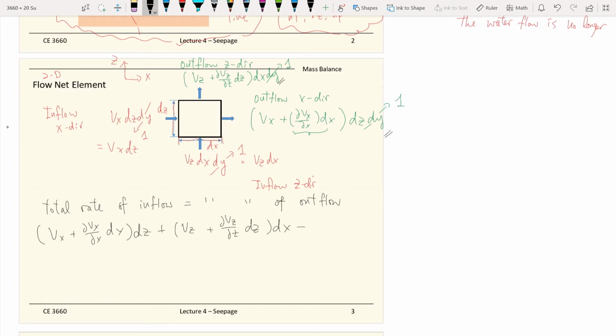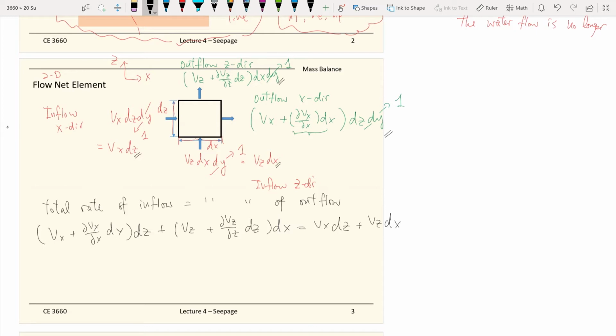So this part is the outflow, which will be equal to the inflow. So Vx dz, we're talking about this part now, and then plus the z direction of the inflow. So we talk about this part now.